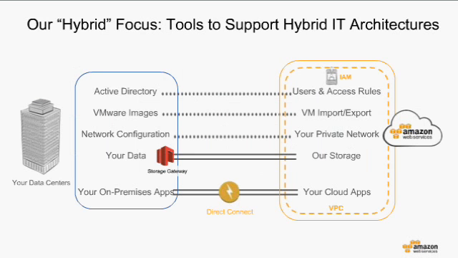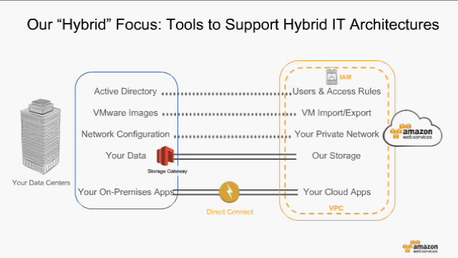To give you a little bit of an idea of what you would do to use what we call hybrid, where you would extend your enterprise. I like to call this extending the enterprise rather than hybrid. So you have certain security, say a VMware image, a network configuration, and your data.